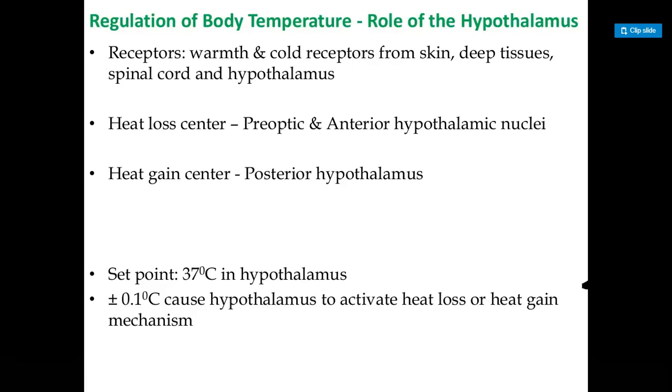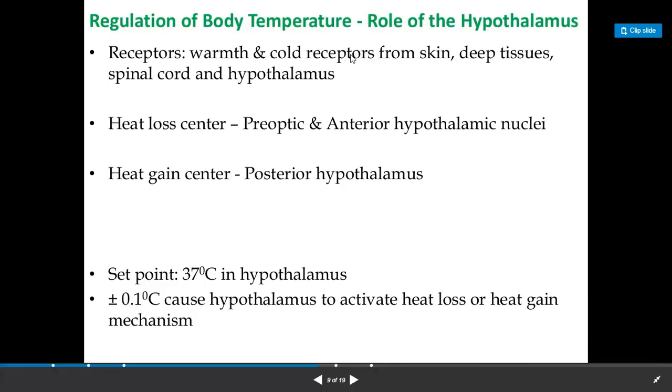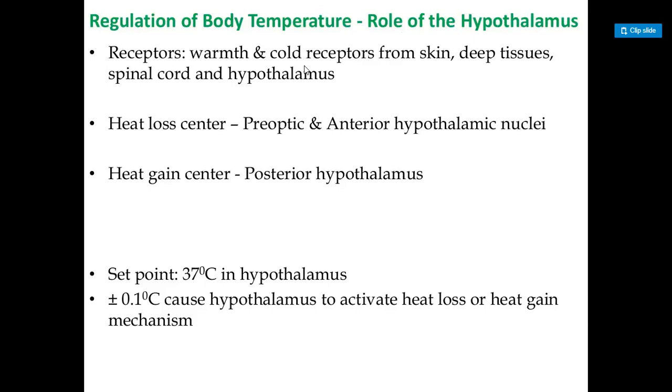So the hypothalamus is the effector? No, it's not the effector. It will act as a controller. Because the effector is the skin, where the blood vessels now dilate or constrict, or the hair muscles stand or lie flat. So that is the effector organ. We have the detectors, which are the receptors in the skin. They send signals to the hypothalamus. The hypothalamus is the control center, and it sends messages back to the skin.